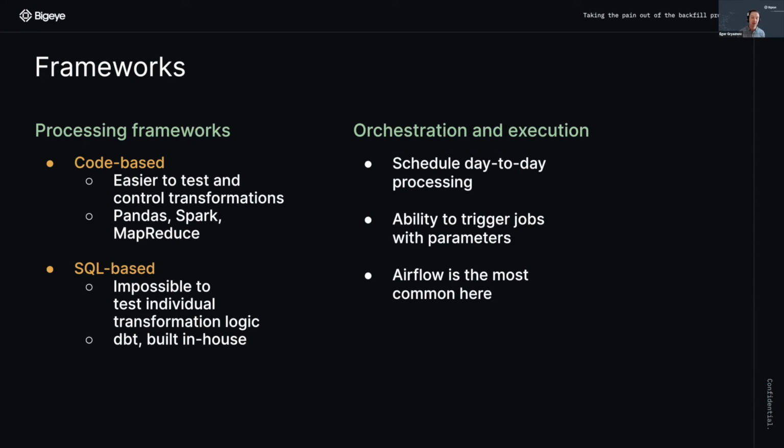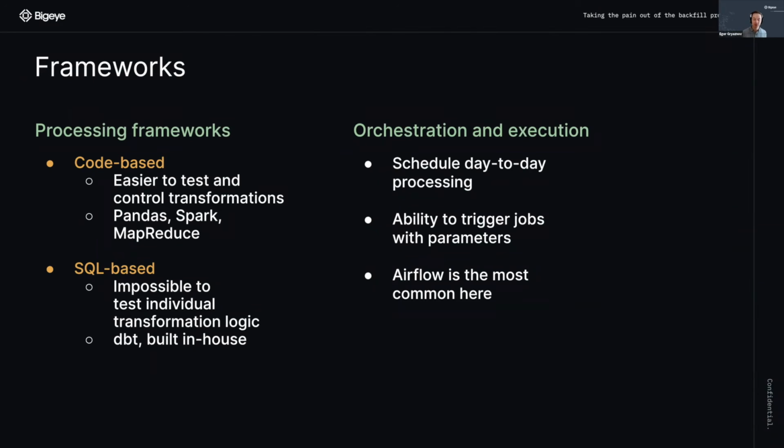So for this, if you haven't heard of it, DBT, which stands for Data Build Tool, is a great framework for helping you build SQL-based transformations and logic around your models. It takes care of the parameterization for you, and it helps you work through a lot of the trickiness around incremental processing that you might encounter otherwise.